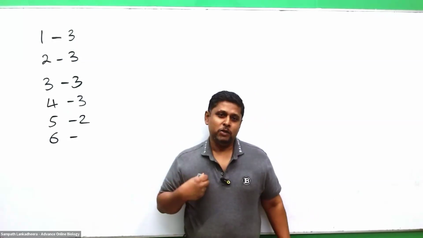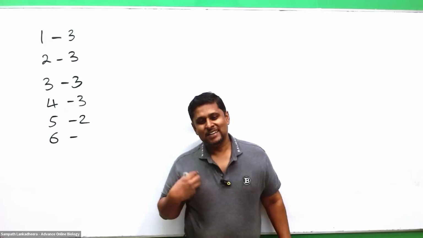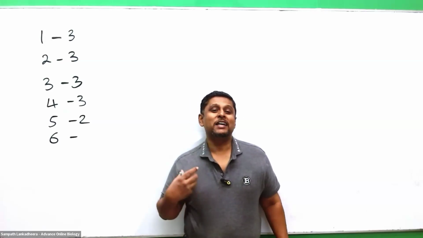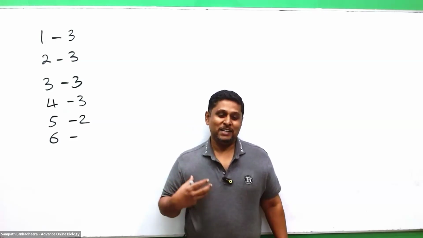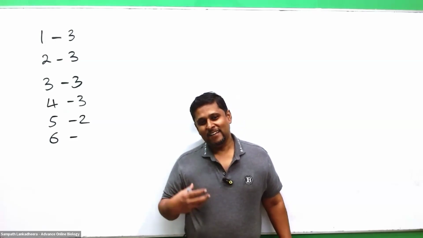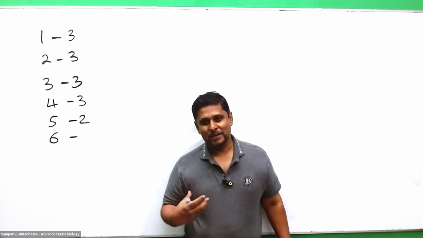It never becomes negative in a live plant cell. The pressure potential of some dead plant cells, like in xylem, can become negative.